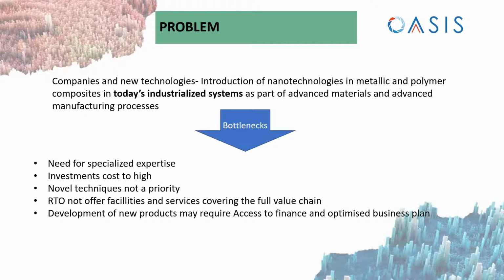But companies, when facing these new technologies, for the introduction of nanotechnologies in metallic and polymer composites in today's industrialized systems as part of advanced materials and advanced manufacturing processes, find different bottlenecks to access new technologies prior to the implementation of the manufacturing processes.